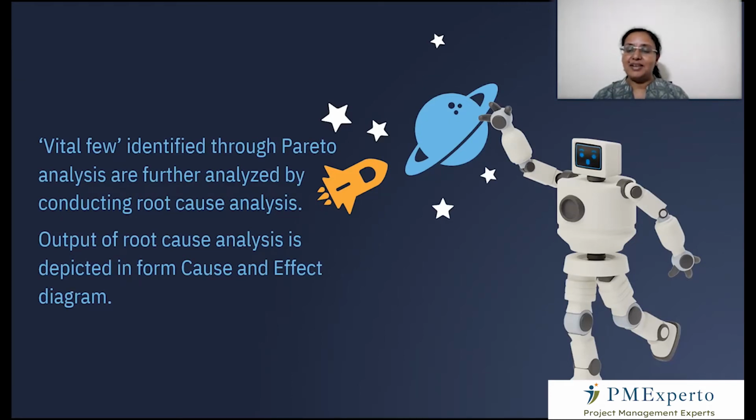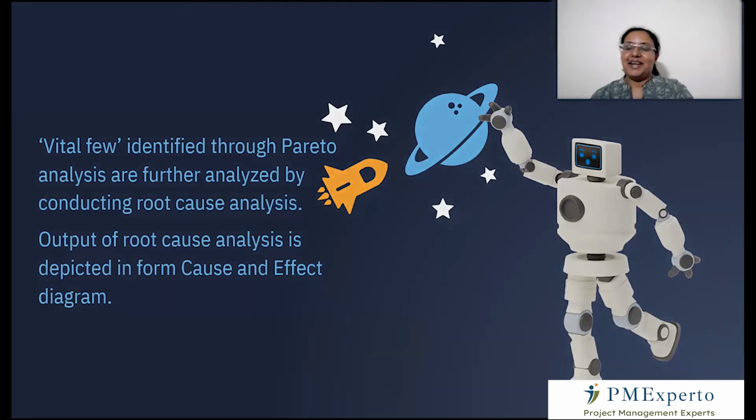In order to find out what is causing them, we carry out root cause analysis. Once we carry it out, the output is shown as a cause and effect diagram. How do we perform root cause analysis?